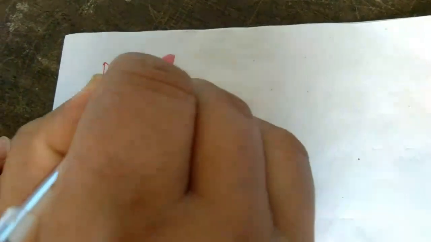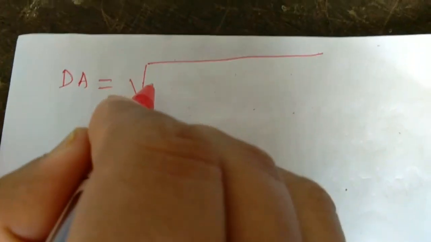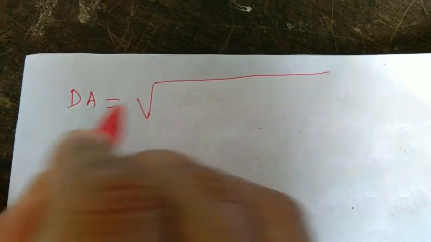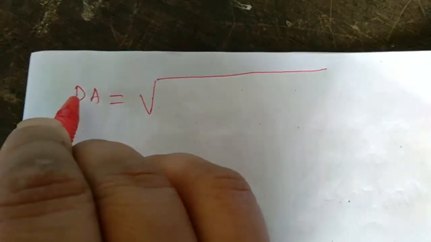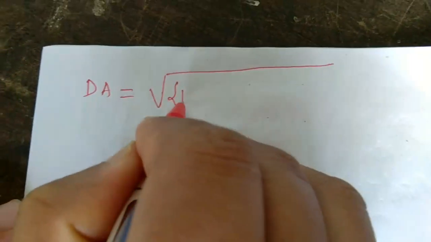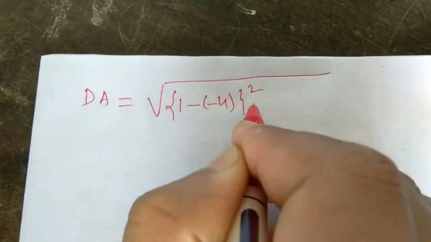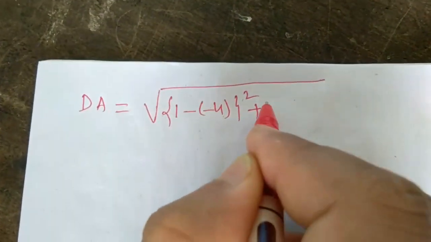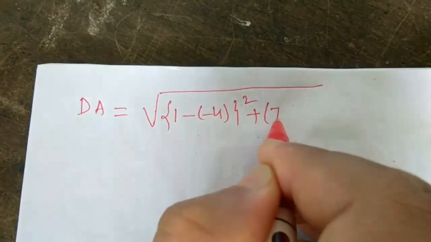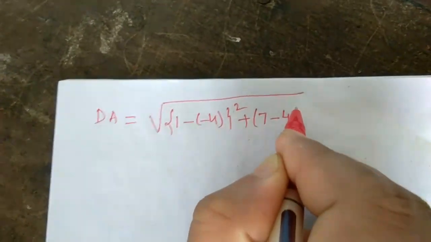Now DA. To find DA, you compare D and A like before. The coordinate of A will be x2, y2, and the coordinate of D will be x1, y1. So x2 means here 1 minus 4, plus y2 means 7 minus y1 means 4.